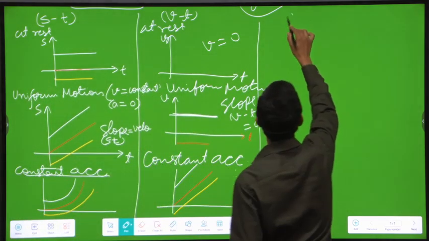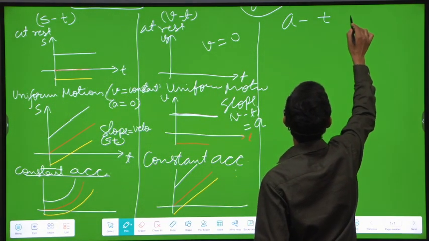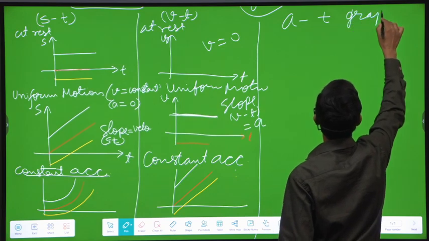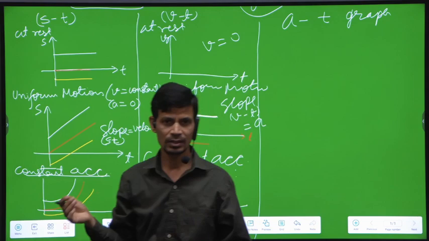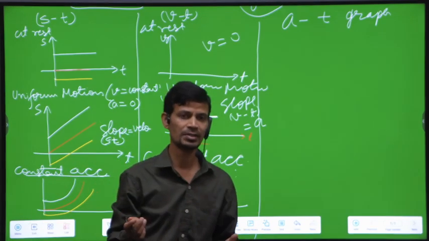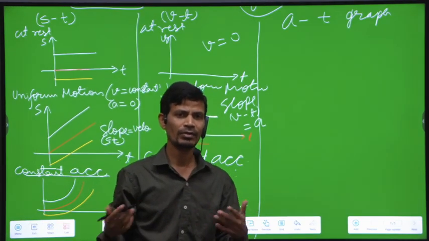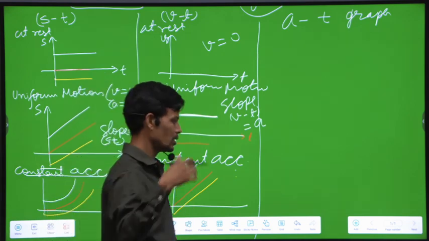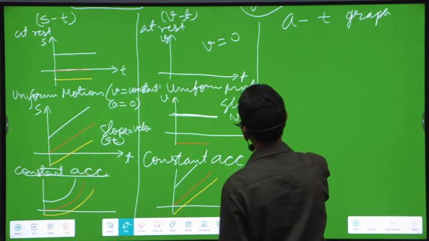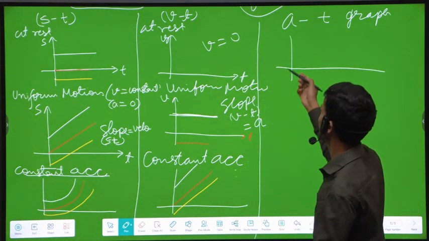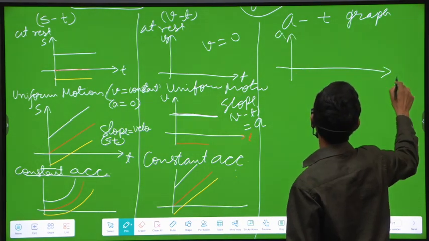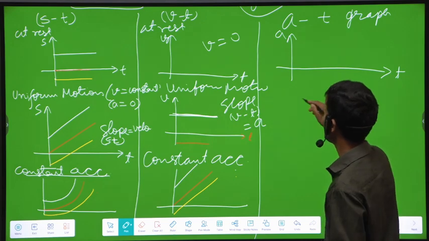Now the acceleration time graph. There can be acceleration versus displacement graph, velocity versus displacement graph. We'll discuss them later in some other video, not in this video. So for rest position, when there is no velocity, there is no point to discuss acceleration. That will be an empty graph.